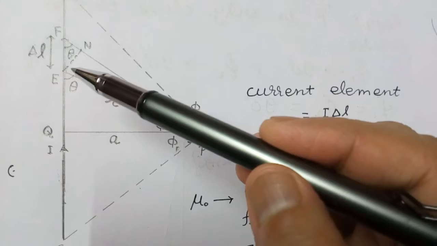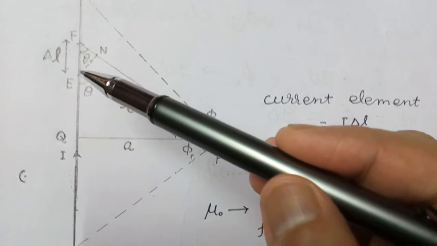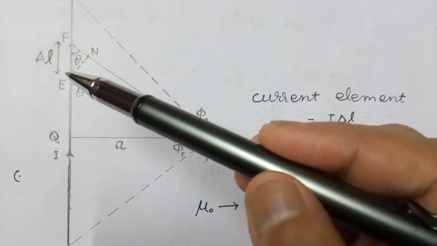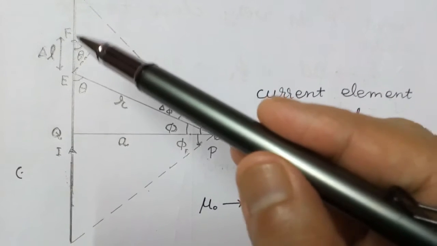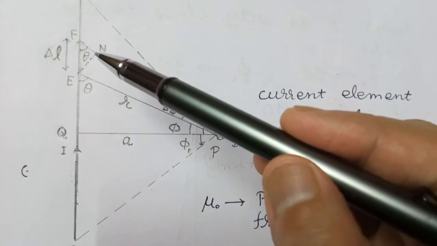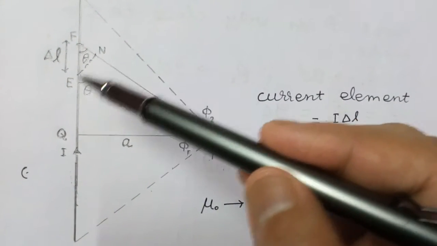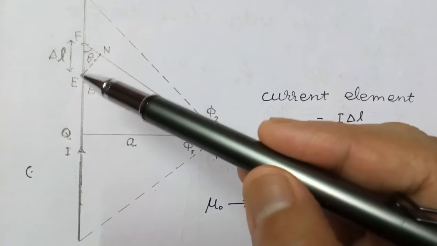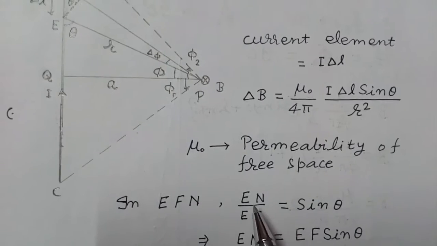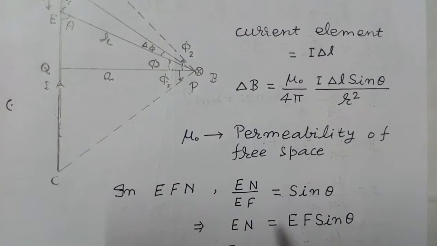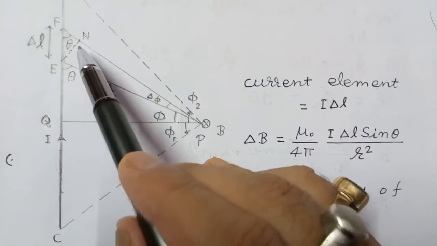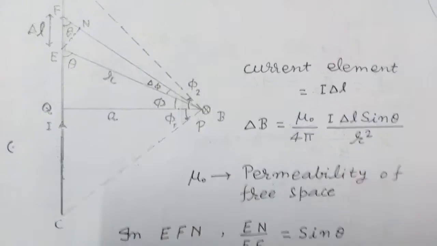Now see in this right angle triangle EFN, its angle N is 90 degrees. So in this triangle EN upon EF is equal to sin theta, or EN is equal to EF sin theta.